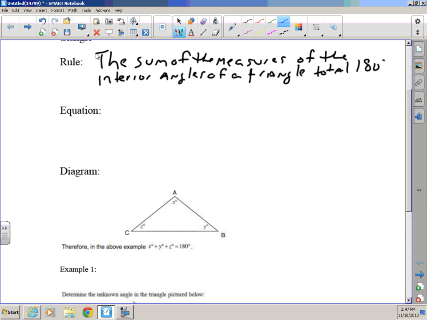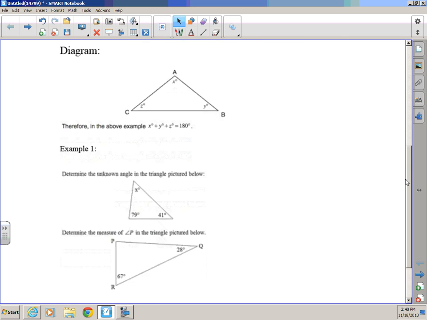If I make the triangle double the size, triple the size, half the size, its angles will still total 180 degrees. Using the triangle down below, x degrees plus y degrees plus z degrees will equal 180 degrees. So, just going through a couple of very straightforward examples.